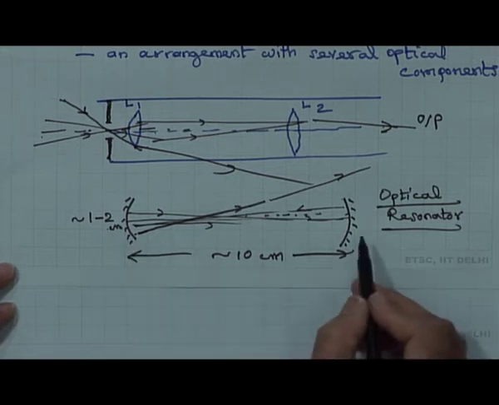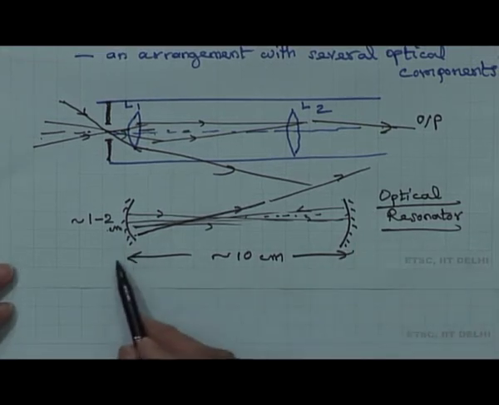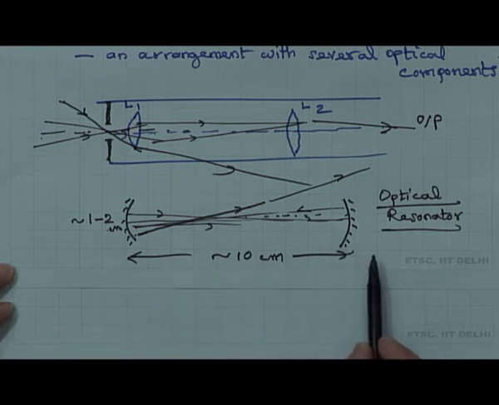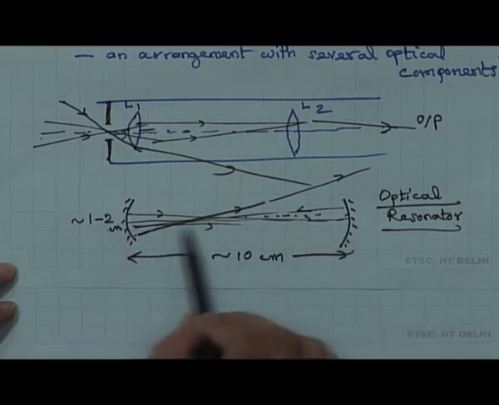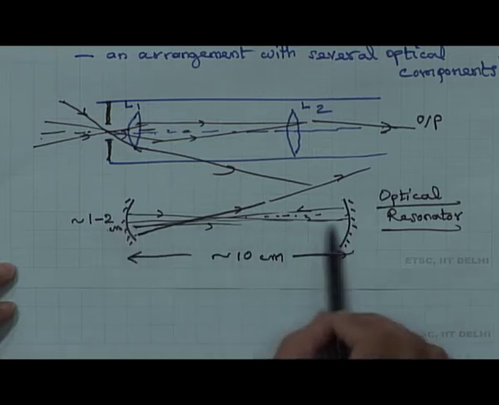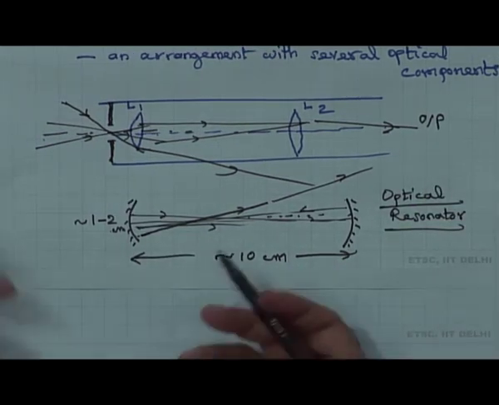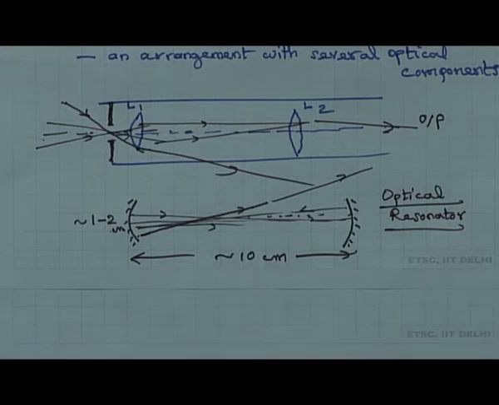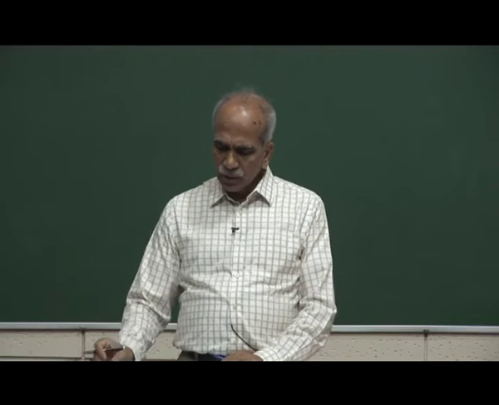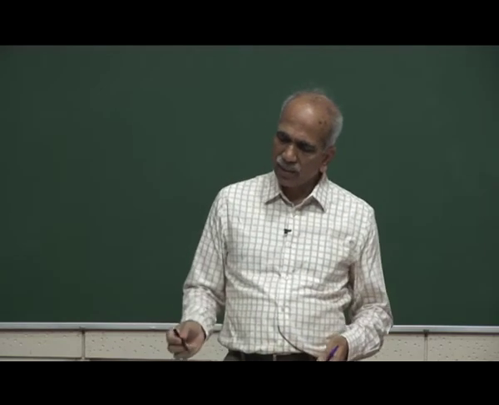It could be spherical mirror or plane mirror and so on, with a certain separation, and usually the separation and the dimensions are such that only rays which are close to the axis resonate inside this device, other rays simply go off, and therefore, we are automatically dealing with paraxial rays, and this paraxial approximation is very widely applicable in many components and devices in optics. So, in the first course, it is good enough for us to discuss paraxial approximation.